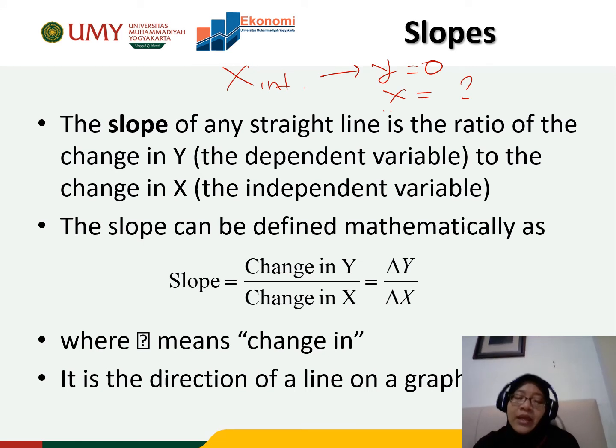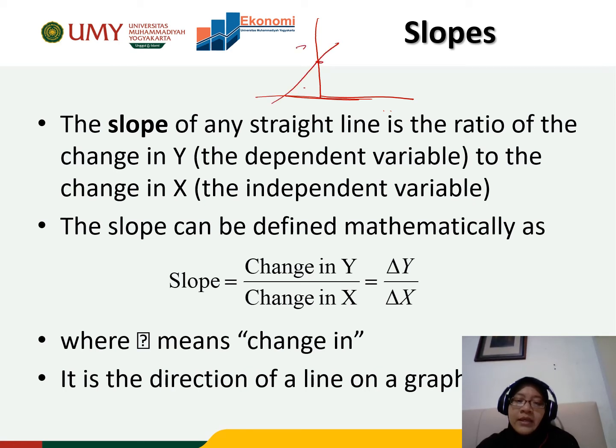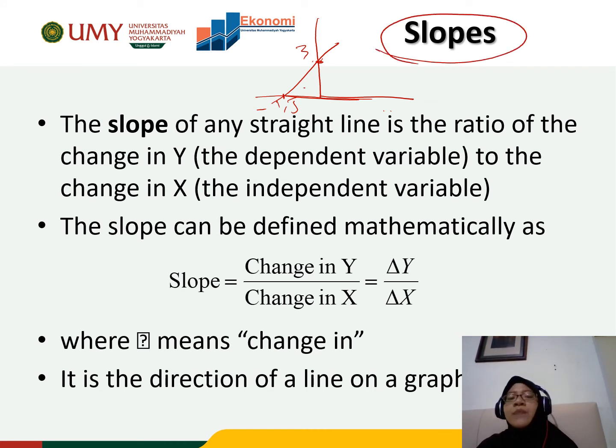Now, when you are talking about the intercept, you are talking about the graph: which points are 3 and minus 1.5. These are the intercepts, the points which are cut by the line.